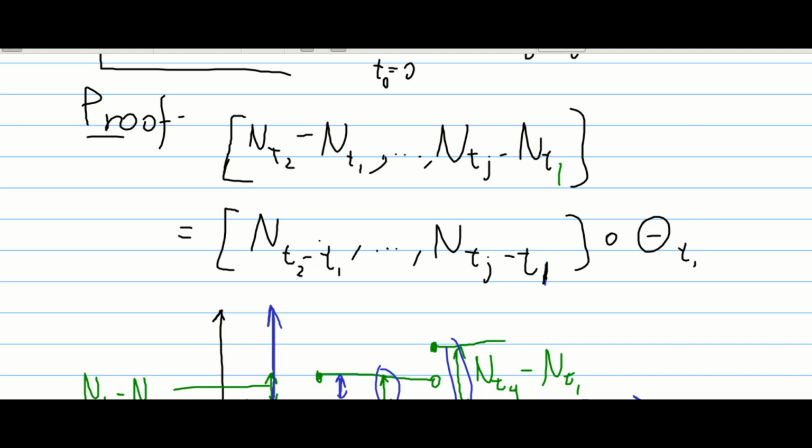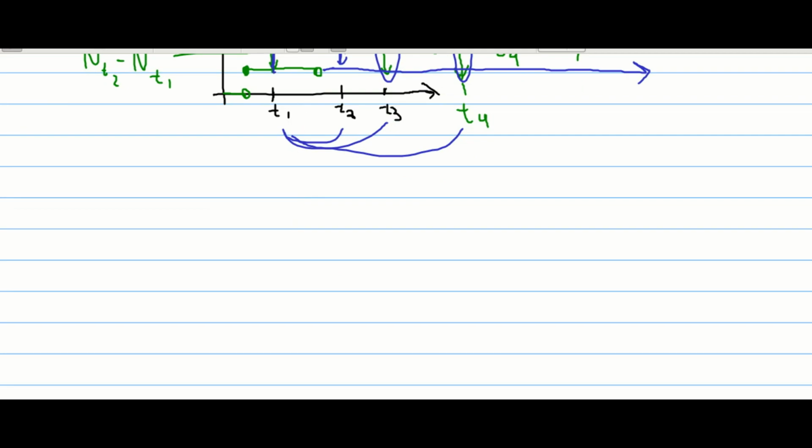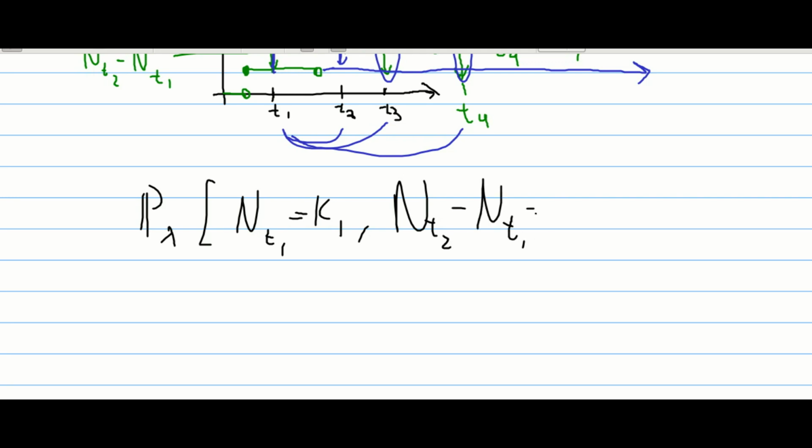Now we can turn to our proof. We want to estimate the probability that NT1 is K1, NT2 minus NT1 is K2, NTJ minus NTJ minus 1 is Kj.